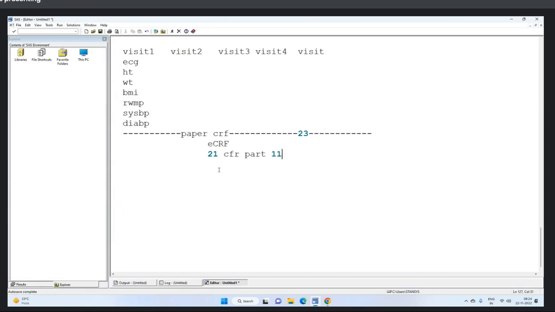In Part 11, there is a clause: when you're entering the data online, we need to submit electronic signatures. All these electronic signatures, facial recognition, OTPs, captchas, credentials, thumb impressions, and biometrics all come under this 21 CFR Part 11.